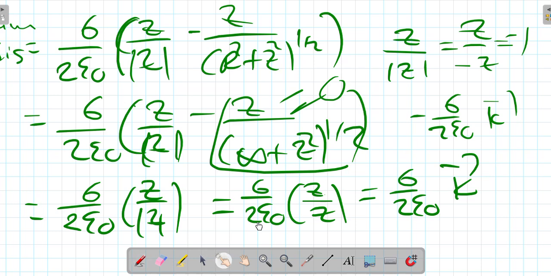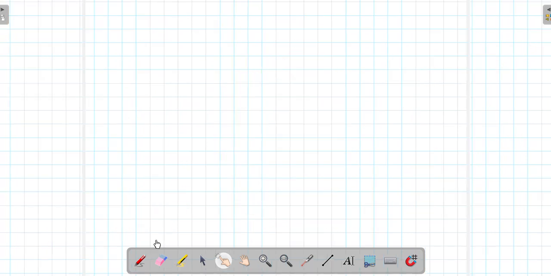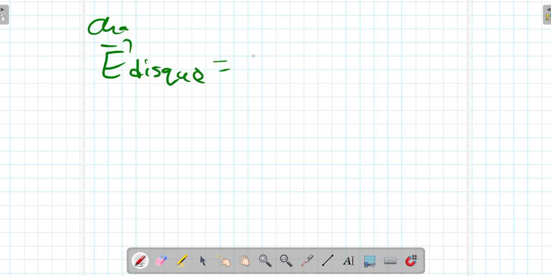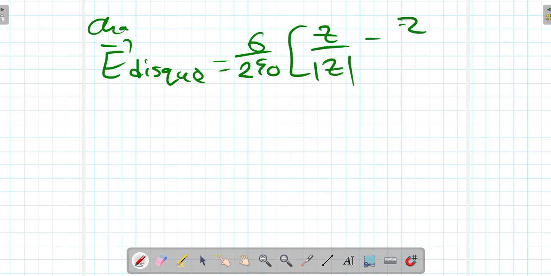So this formula has proved the formula for the infinite plane. In conclusion, the electrostatic field created by a disk is given by sigma over 2 epsilon 0 times z over absolute value of z, after a lot of calculations, of course, minus z over the square root of r squared plus z squared.